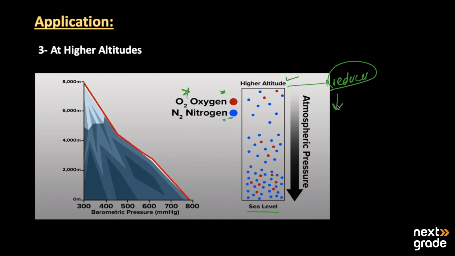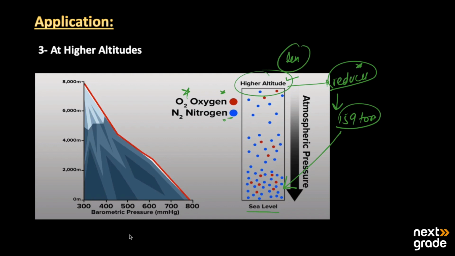For this reason, when we move to higher altitude, we or the pilots feel uncomfortable in breathing, because the partial pressure of oxygen is reduced compared to the 159 torr at sea level, and at a higher altitude it is less.